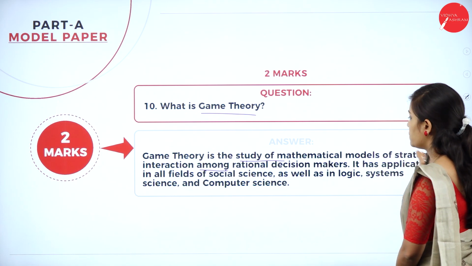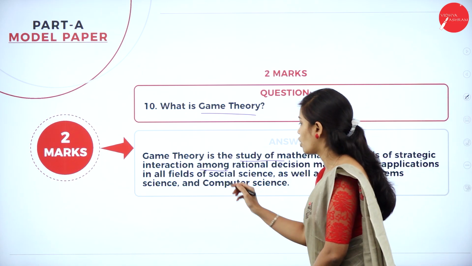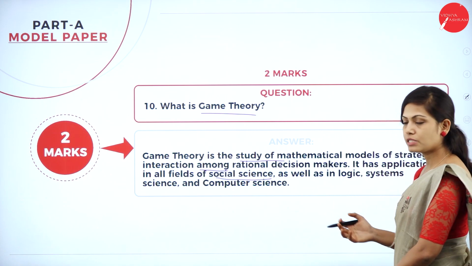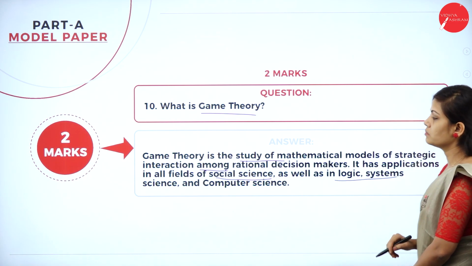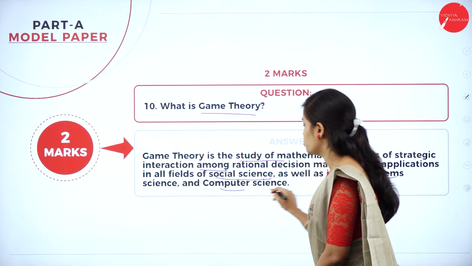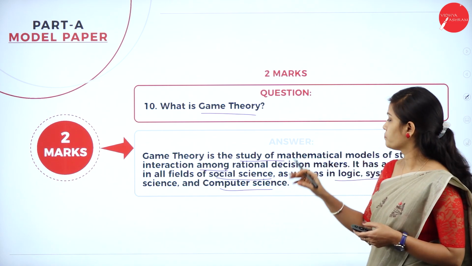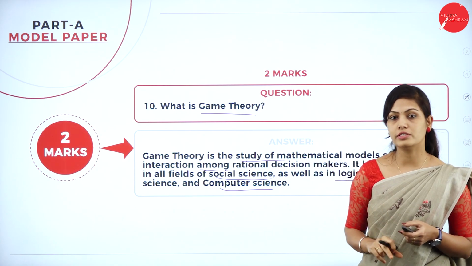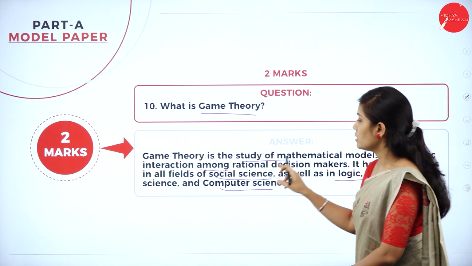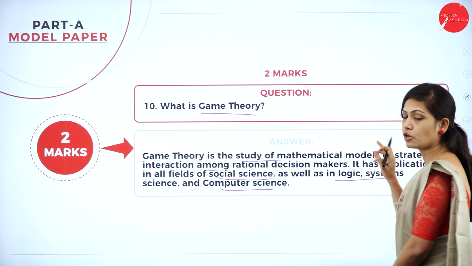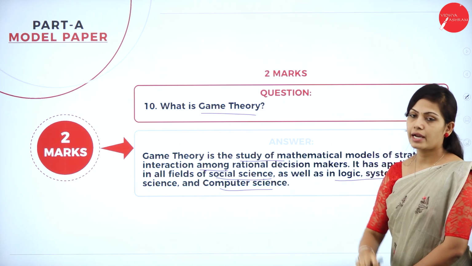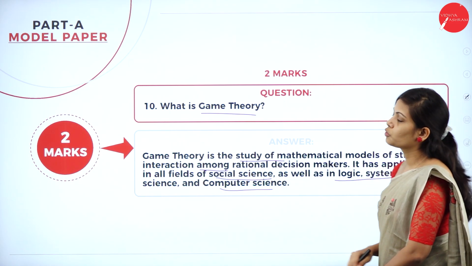It has applications in all fields of social science as well as in logic, systems science and computer science. Keep in mind, it is a special kind of mathematical model of strategic interaction. Is it clear? This is a 2 marks question.